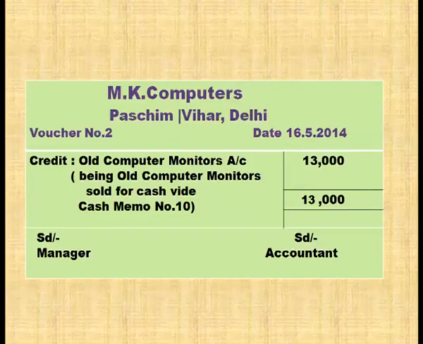Transaction is cash debit to old computer monitor. So, you have to write the name of the account to be credited as old computer monitor. Give a brief narration after this within the brackets and write the amount in the amount column. Signed by the accountant and prepared by the manager.